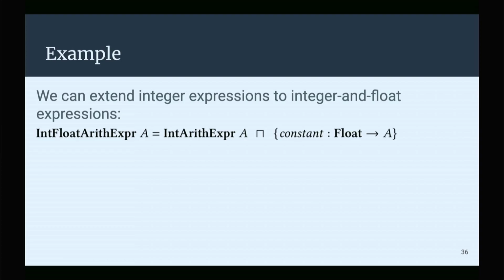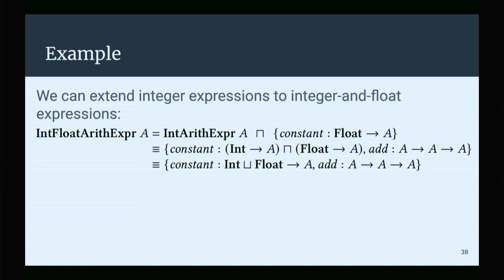And we can do that with an intersection type. If we take this intersection type and expand the definition of the integer arithmetic expressions, and distribute the intersection over the record, then we end up with this type. And we can distribute the intersection further, and we end up with this type, which is actually the type you probably would have written if you just tried to define float arith expr from the beginning without composing the things together that we already have.